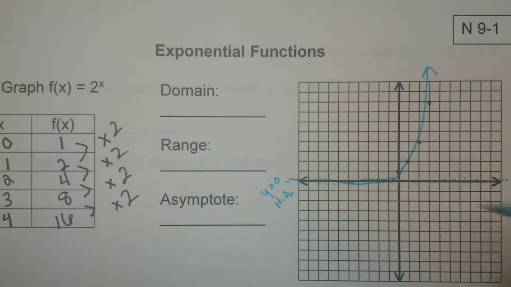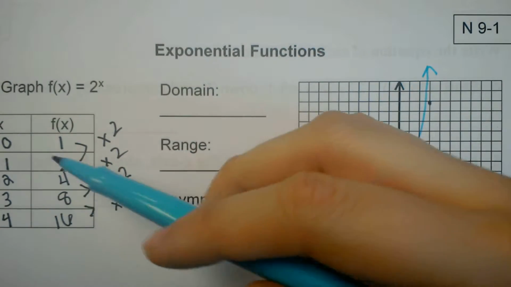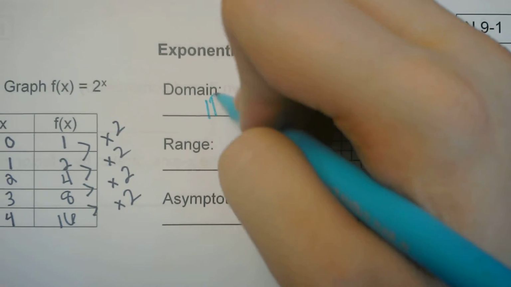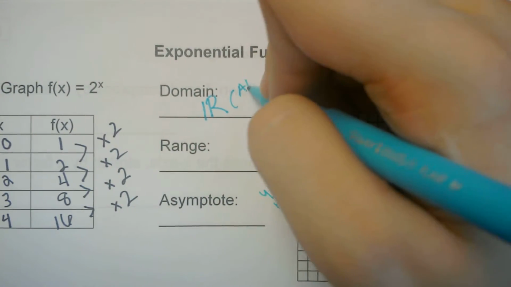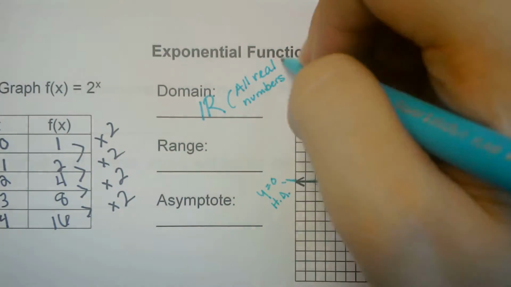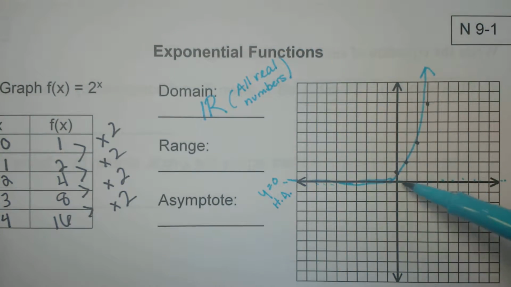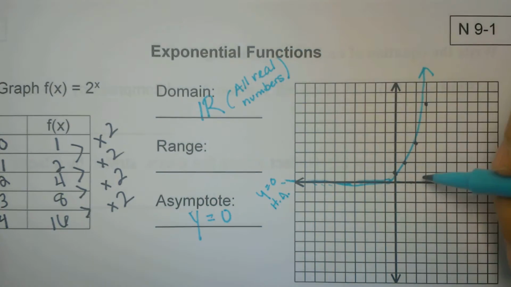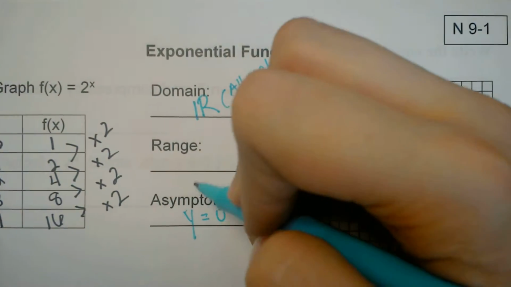And so the domain, if it's all the way out here, negative infinity, and it goes all the way to the right to positive infinity, that's all real numbers. Then it comes off of the horizontal asymptote, which is y equals 0, and it's above, and so the range would be y is greater than 0.